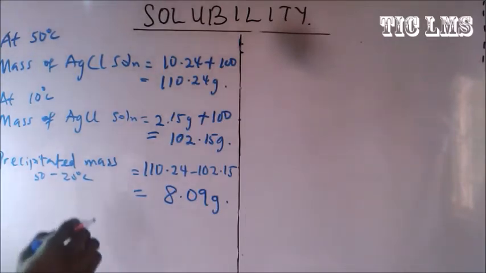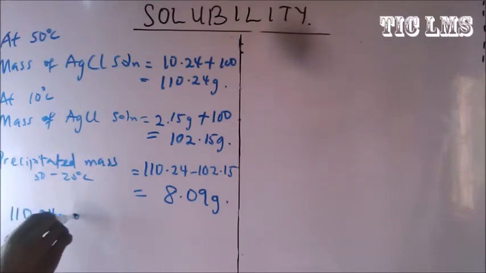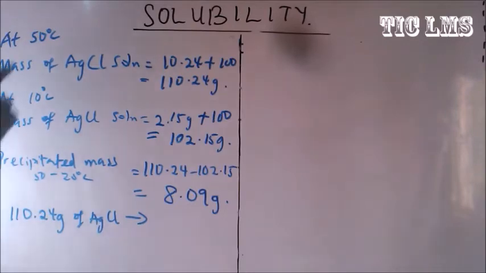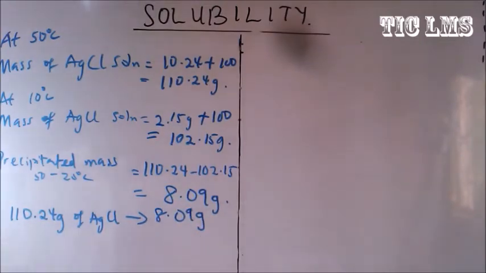Now, when we had a mass of silver chloride solution which is 110.24 gram, which was cooled from 50 to 10 degrees Celsius, we had 8.09 gram deposited. But if we have a solution of 50 gram of the same silver chloride, what will be the mass of silver chloride that will be precipitated?